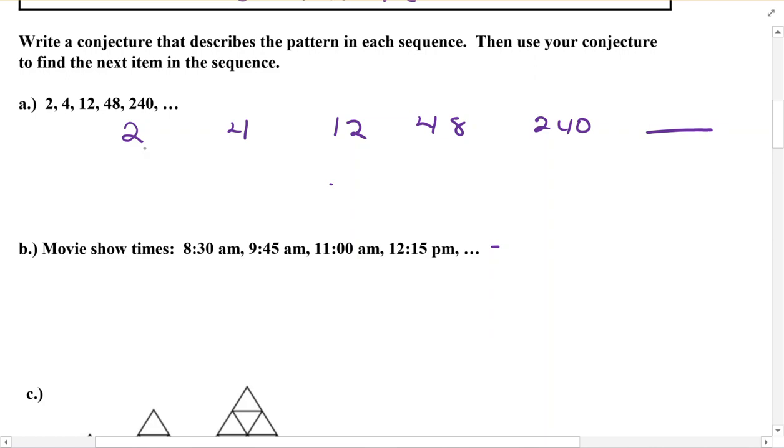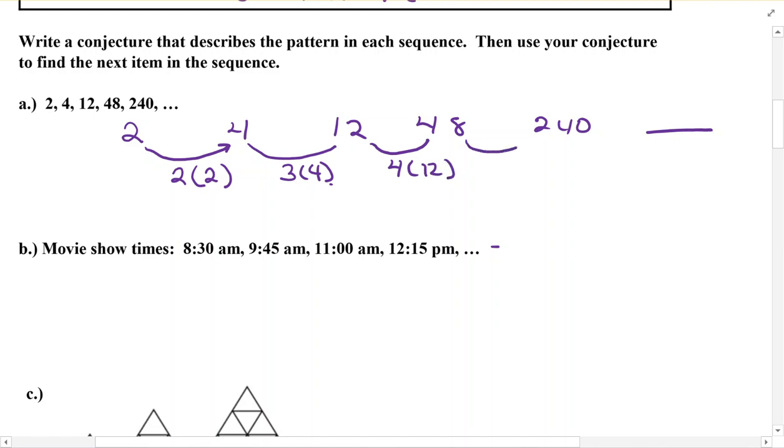If I look at going between 2 and 4, I can do 2 times the term here, which is 2. And going between 4 and 12, what can I do to the 4 to get to the 12? I can multiply 4 by 3. What can I do to the 12 to get to the 48? I can multiply the 12 by 4.